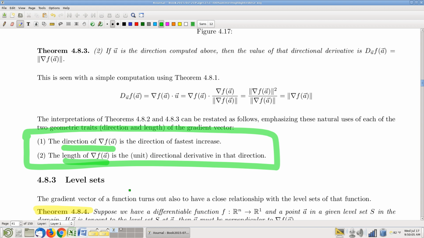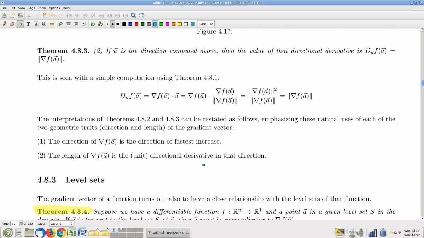The direction of the gradient is the direction of fastest increase. Natural. The length of the gradient says how steep or how fast the function is changing in that direction. And that's kind of nice. Everybody on board? All right.